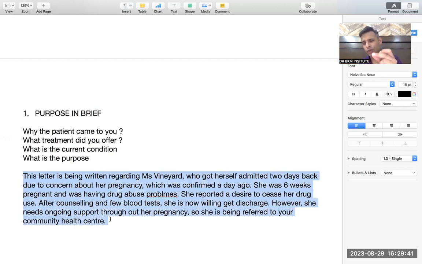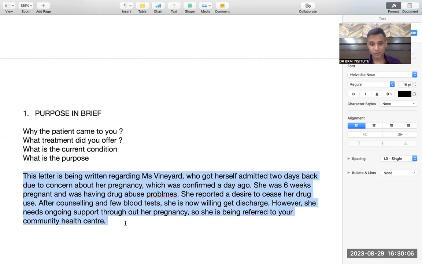It hardly took 5 to 10 minutes, 5 minutes maybe, because I spent my time in understanding the letter well. Once I understand the letter, once it is clear in my head, I would not like to write everything in the first paragraph. But this is the main thing of the patient: pregnant, substance abuse problem, she needs ongoing support.